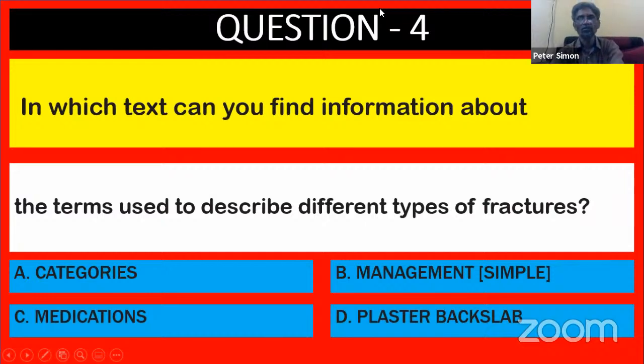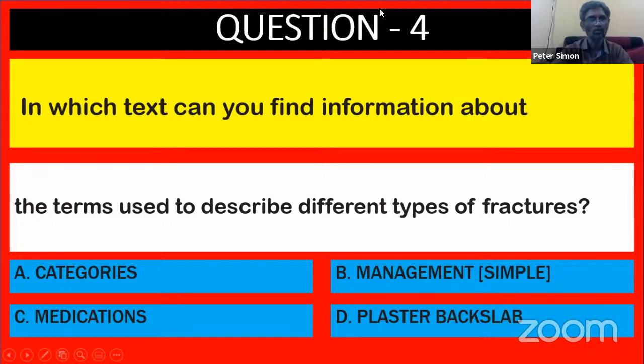Then the fifth question. Question number 5. The practitioners who administer analgesia.